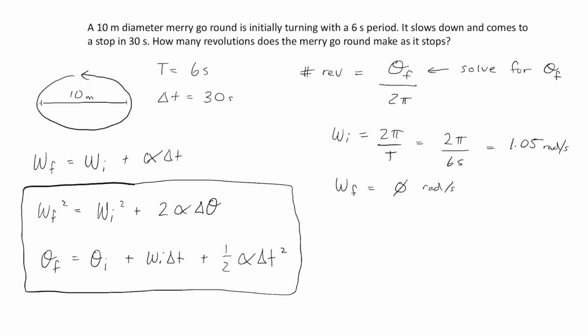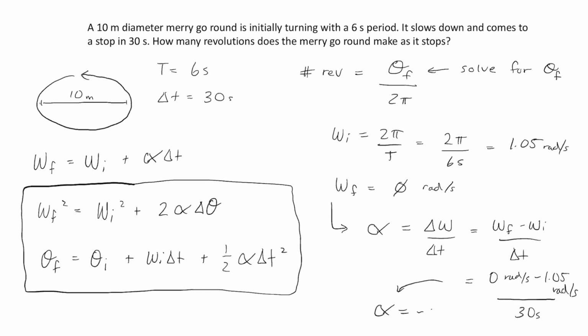Now that we have the initial and final angular velocity, we can use the fact that the angular acceleration is equal to the change in angular velocity divided by the change in time to find the angular acceleration. All we have to do is plug in our values and we find that the angular acceleration is equal to negative 0.035 radians per second squared.